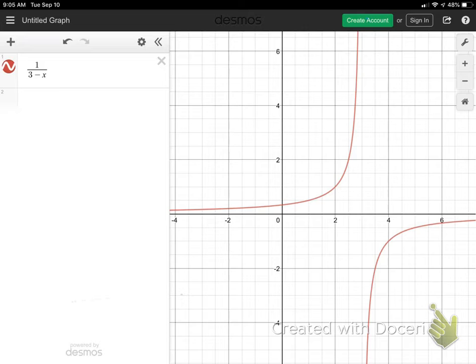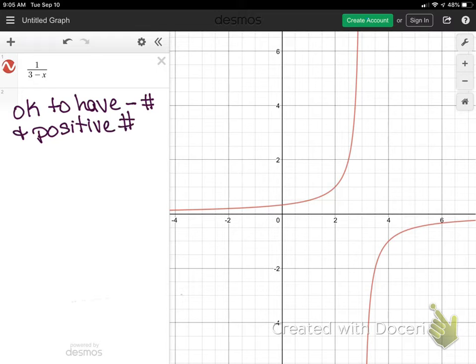Yes. So it is okay to have negative numbers and positive numbers in the denominator.